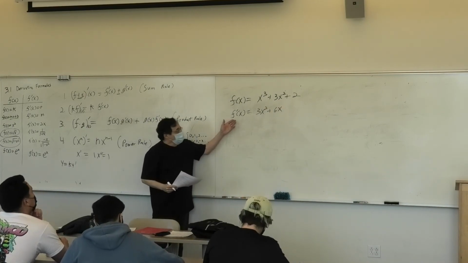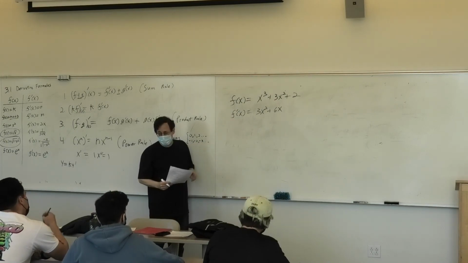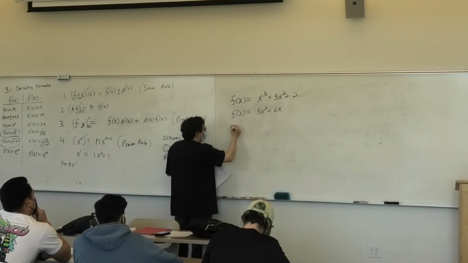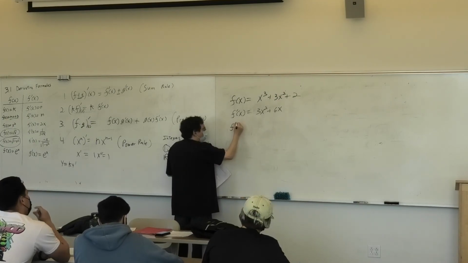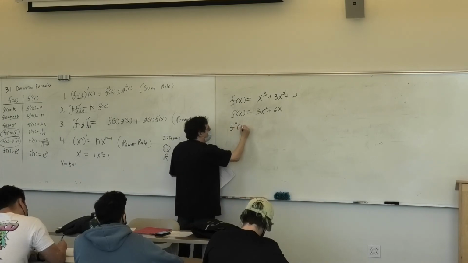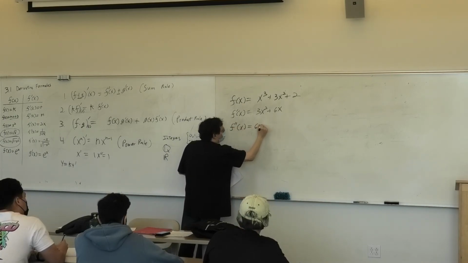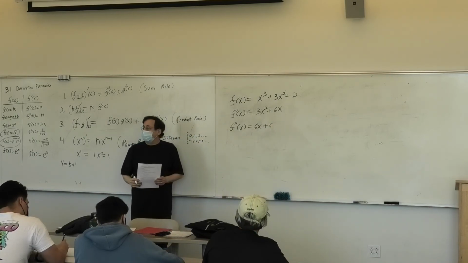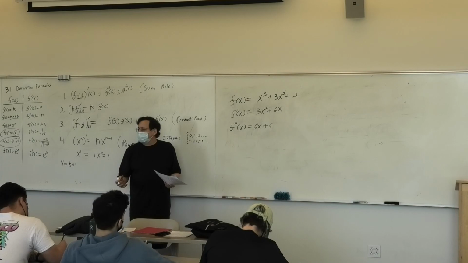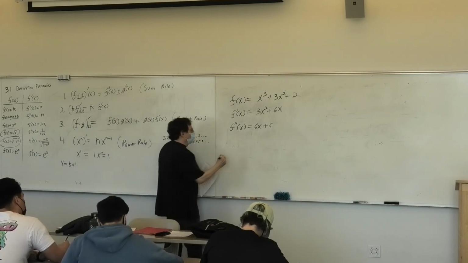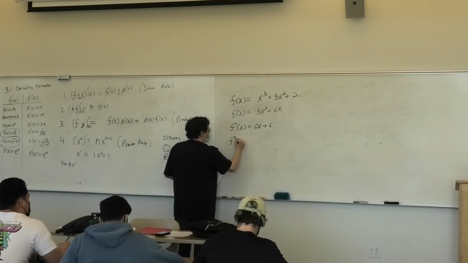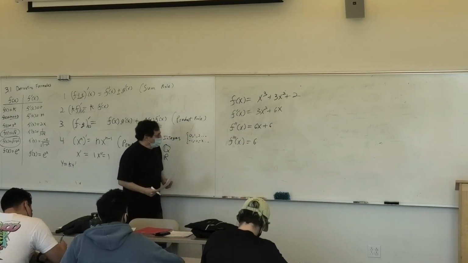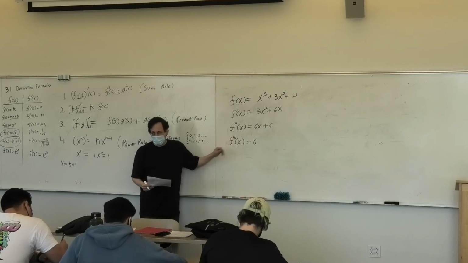Well, I might want to find the derivative of the derivative. How would I write that? One way is to put two marks here. That would be what we call the second derivative. I could do that one more time if I wanted the third derivative. But any more than that, it gets cumbersome.